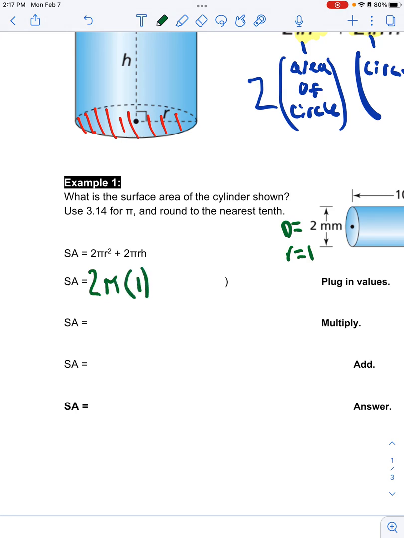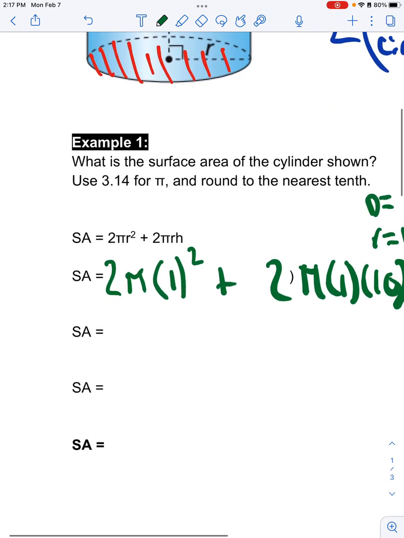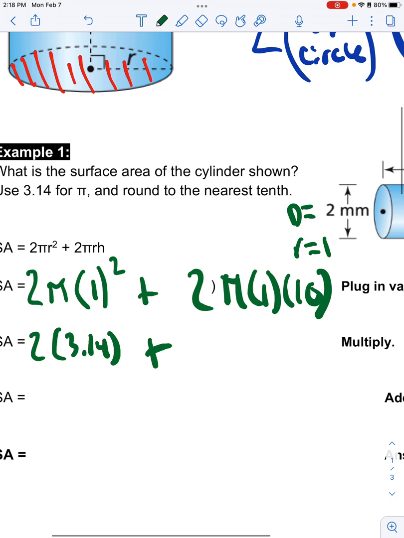So 2 times pi times my radius squared plus 2 times pi times my radius times my height. Just simplifying, 1 squared is 1 times 1. So 2 times 1 is just 2. And then we've got 3.14 plus 2 times 1 times 10 is 20.